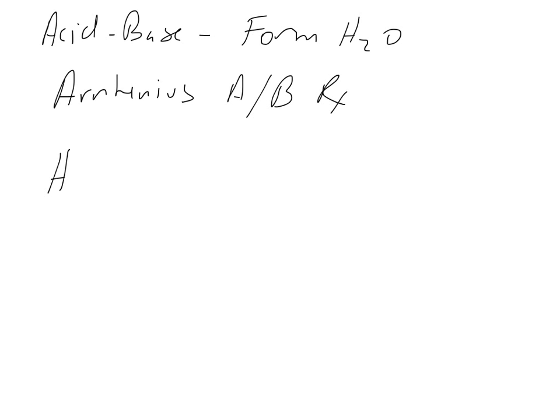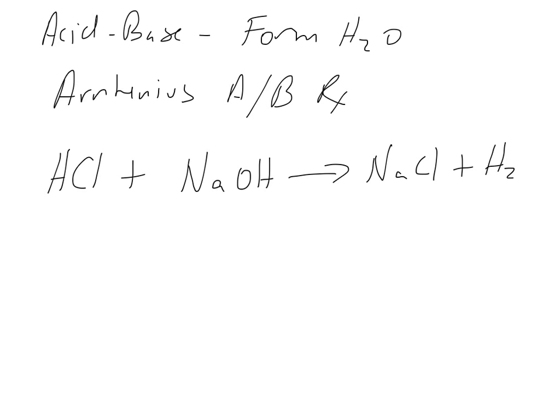So, an Arrhenius acid like HCl plus an Arrhenius base like NaOH will form sodium chloride and water. Really, you can see that this is a double displacement reaction. AB plus CD goes to CB plus AD. Now, you might say that doesn't look like AD, but remember, we can write water as HOH. So, we can see that that's very similar to our double displacement.